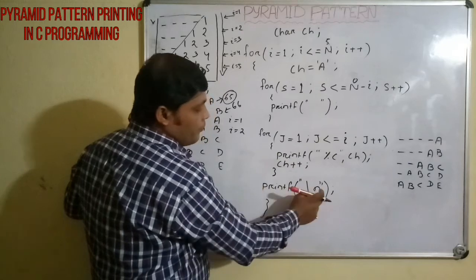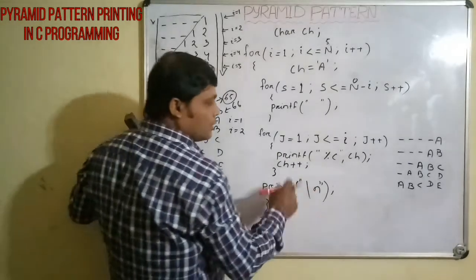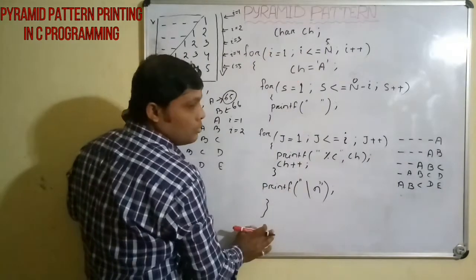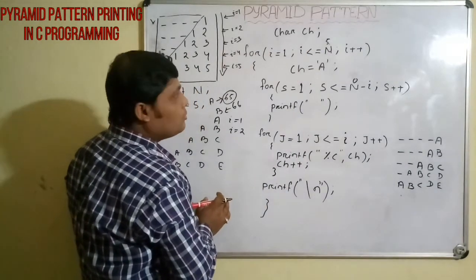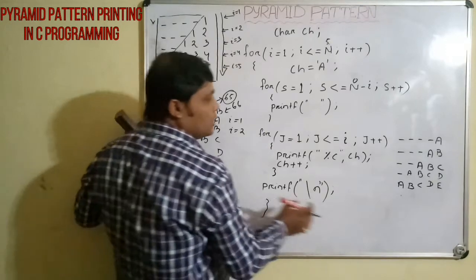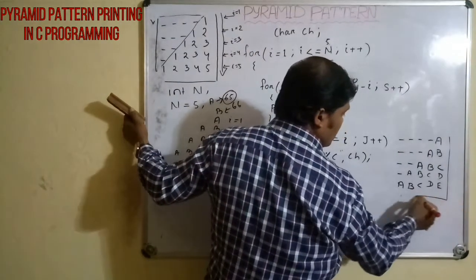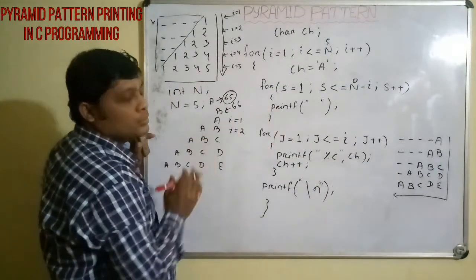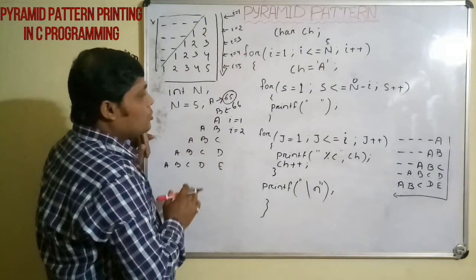It will go out of the loop. Then print a backslash n. So it will go to the next line. When I value is 6, it will go totally outside the I loop. Clear? So this structure will be printed. Clear? You can see.